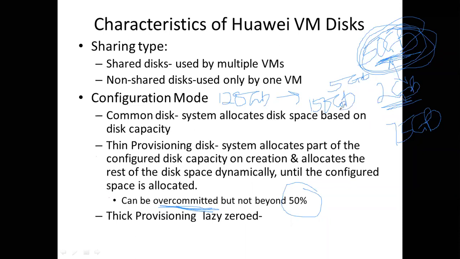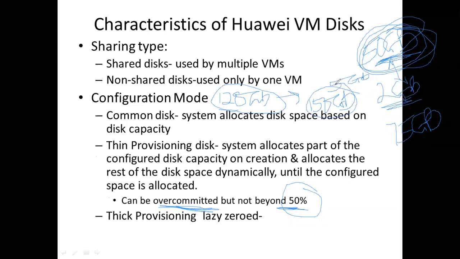And the answers were true or false. What they are asking here is this concept, that in thin provisioning, of course, we know that there is overcommitment, but the overcommitment must not be more than 50%. So what you have to do is calculate 150% of 128 and see whether it is less than or equal to it. Then you choose your yes or your no.